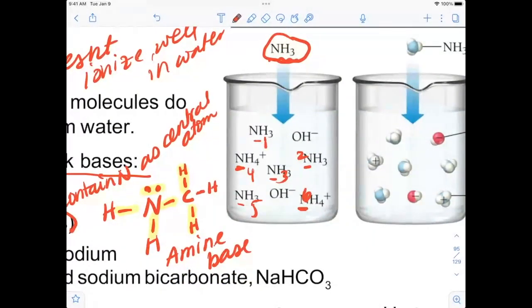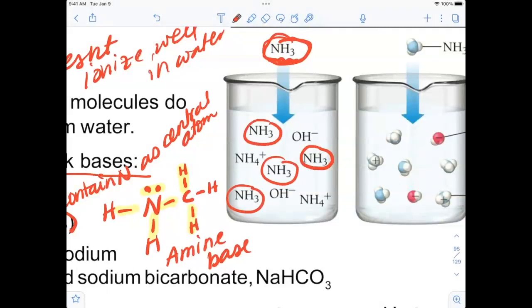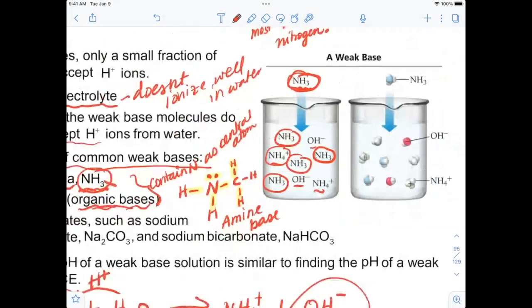Okay. So we do have, let me erase this. So we do have four of the ammonias that are left intact. This one here looks exactly like the starting molecule. This did not ionize, did not ionize, did not ionize, making this a weak base. Only two of them ionized, right? Only two ammonias were willing to take the hydrogen from the water to make the hydroxide.